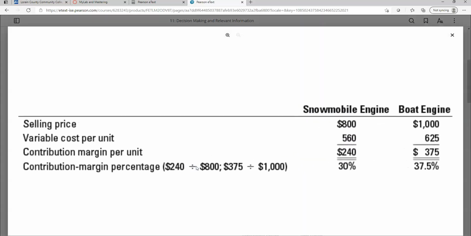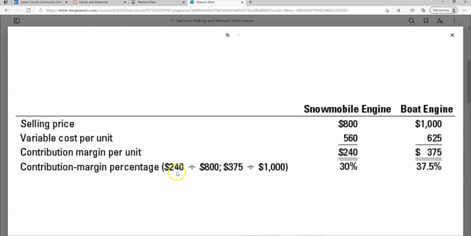Okay, so let's go ahead here and look at contribution margin per unit and why we should not do it. Selling price for the snowmobile engine and the boat engine, and that is for the company Power Recreation.